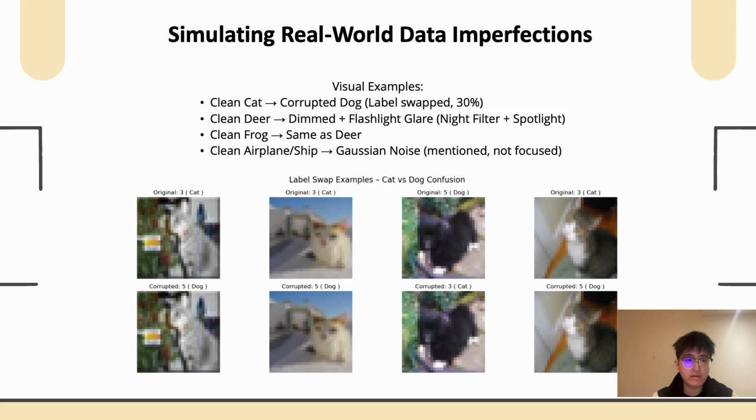We also added Gaussian noise to airplane and ship images, though these were not our main focus. The examples below show how these corruptions visually alter the dataset and increase classification difficulty. This setup allowed us to test whether our model could still effectively handle noisy inputs.